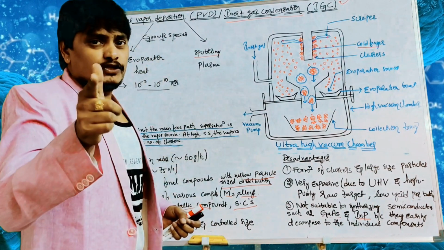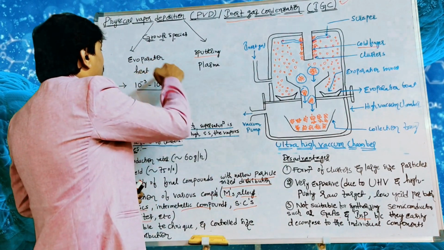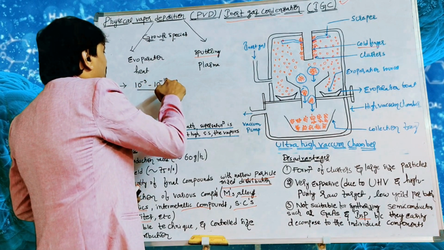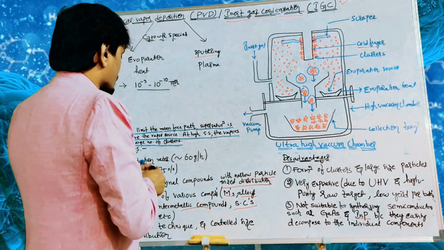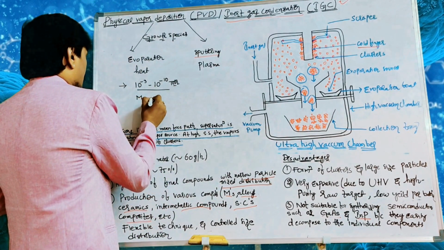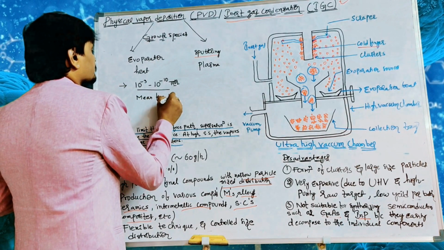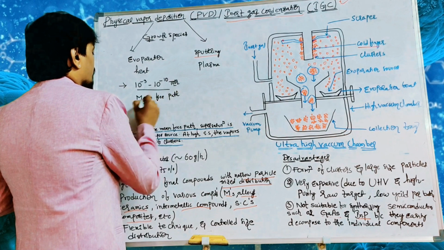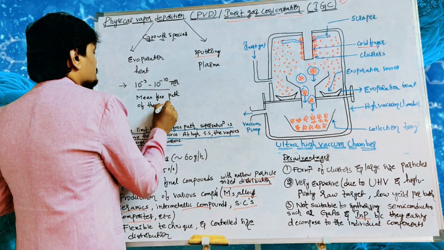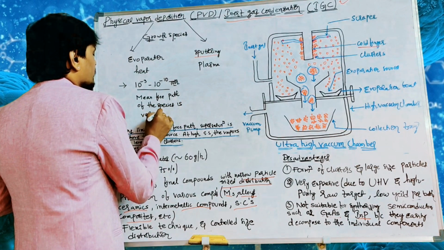Now let us get back to evaporation. As a very low pressure is maintained within the range of 10 to the power of minus 3 to 10 to the power of minus 10 torr, the mean free path of the species is very large.